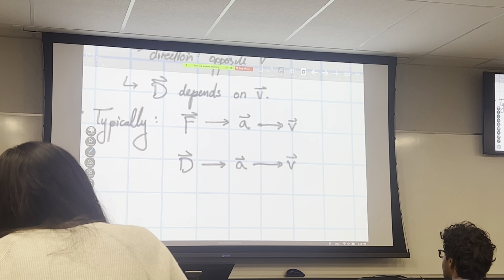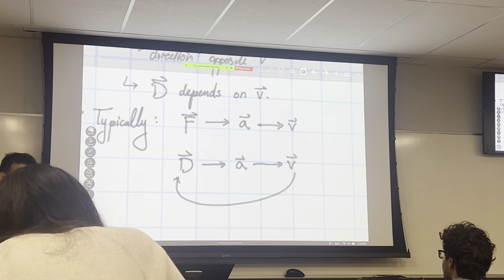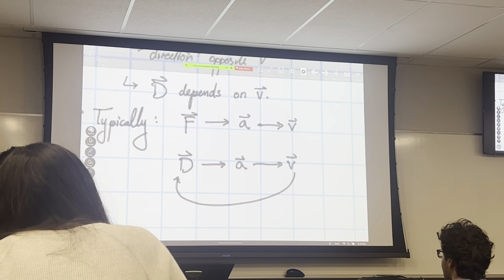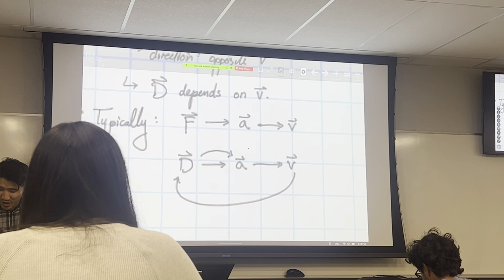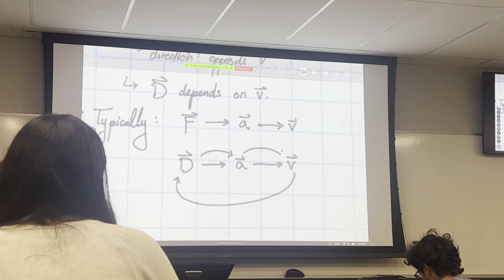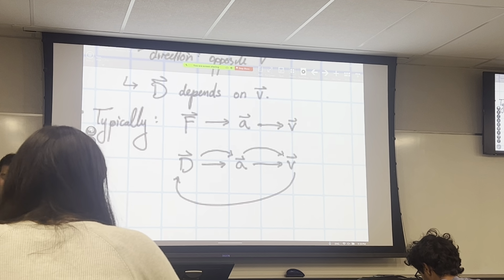But if your velocity changes, that's going to change your drag. But then once you change your drag, that changes your acceleration. But then if that changes your acceleration, that's going to change your velocity. But then if that changes your velocity, your drag is being changed again. And do you guys see this kind of infinite spiral thing happening here?